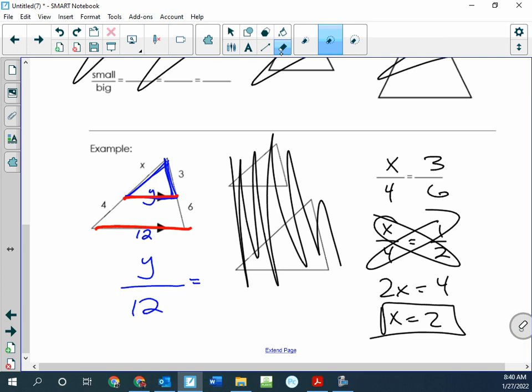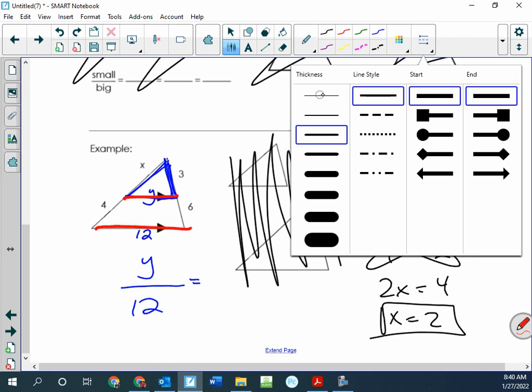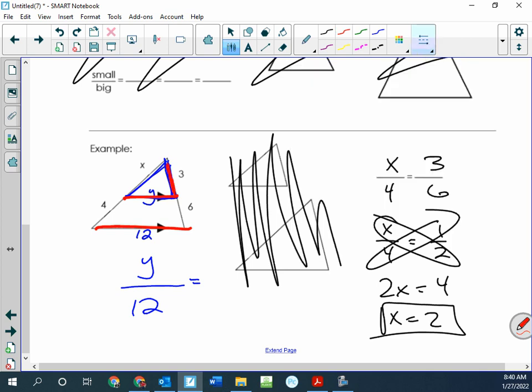What's that? Okay, yes, we have the 2 and the 3. So I'll use the 3 because that's the given information there. Oops, let me use red here. So I'll match up y with 3.